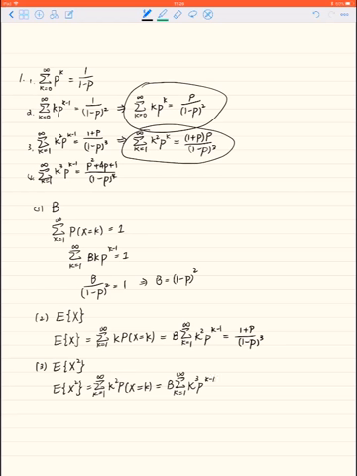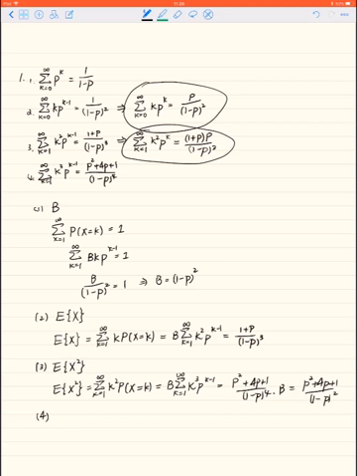And now we just use the last formula, and we get that it should be (p squared plus 4p plus 1) divided by (1 minus p) to the power of 4, times b, and that should be (p squared plus 4p plus 1) divided by (1 minus p) to the power of 2. And that's the answer to question 3.